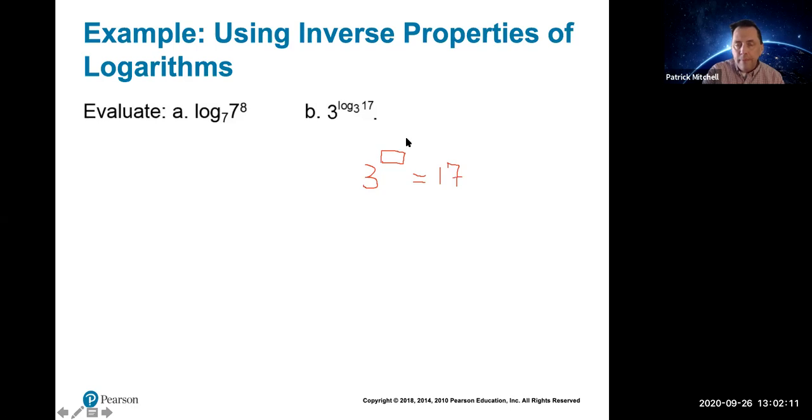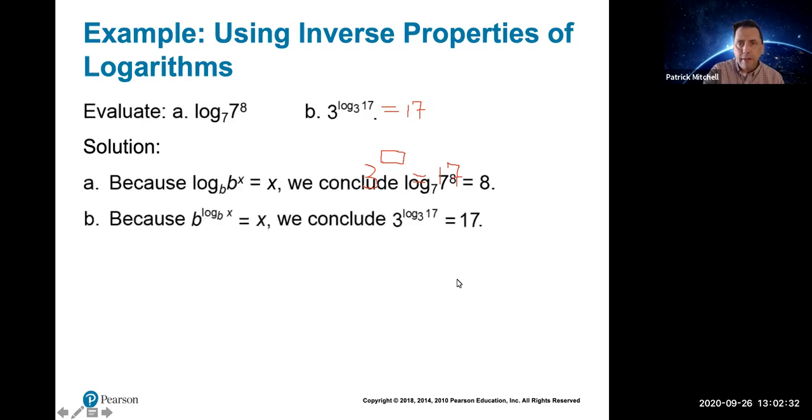Oh, okay. Well, when you put it that way, this thing must equal 17. There are kind of 3 parts to this equation, and with what I wrote here, I was leaving out one part, and with what they wrote here, they were leaving out a different part. All right, so log base 7 of 7 to the 8th is 8, and 3 to the power log base 3 of 17 is 17.